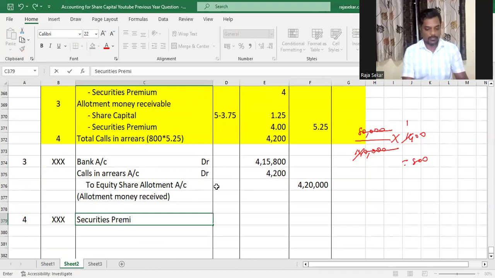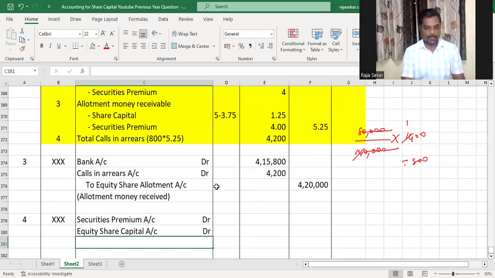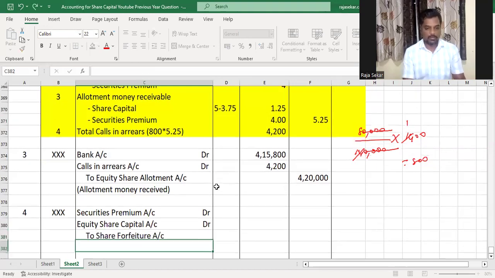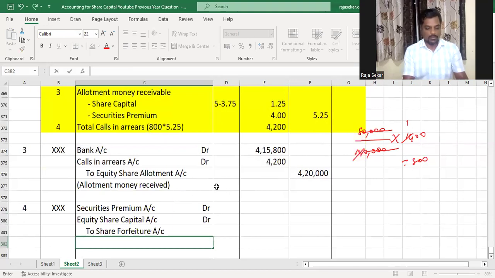It is: Securities premium account debit, share capital account debit, to share forfeiture account and to calls in arrears.